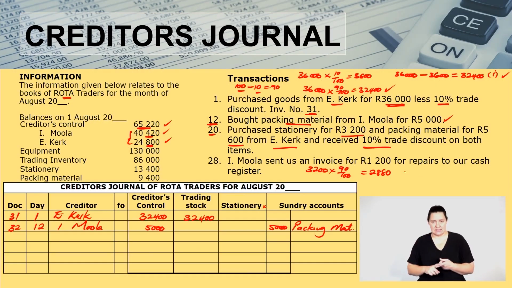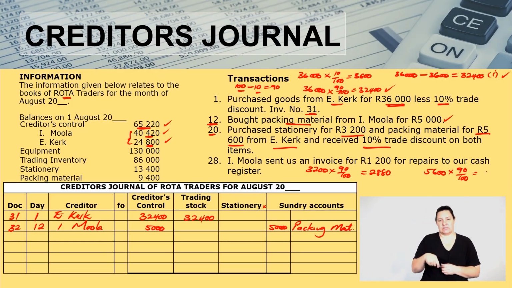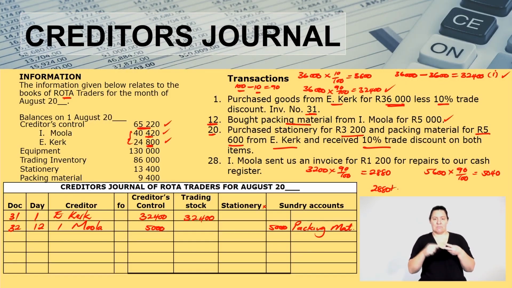This is number one. Number two, we bought goods, remember, 5,600. So it's going to be 5,600 multiplied by 90 over 100. How much do you get when you punch that in your calculator? You get 5,040. So I'll now say my 2,880 plus my 5,040.